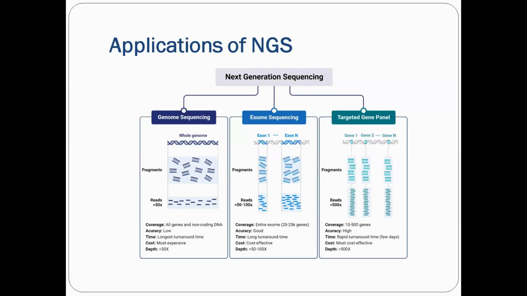Then we have exome sequencing, where all the exons, and when I say exons, I mean exons and not the introns, will be sequenced, and this can help in a lot of cases. So sequencing the exome of an individual can provide a molecular diagnosis to the patient. And only in a few cases, there is a need for whole genome sequencing.